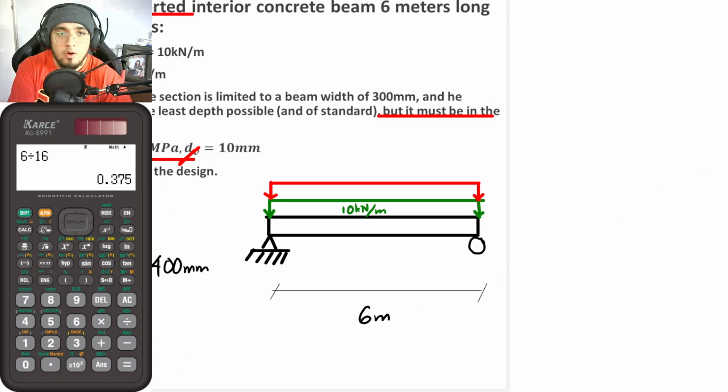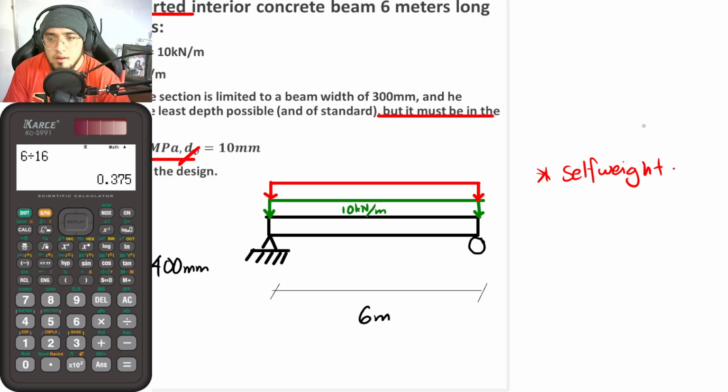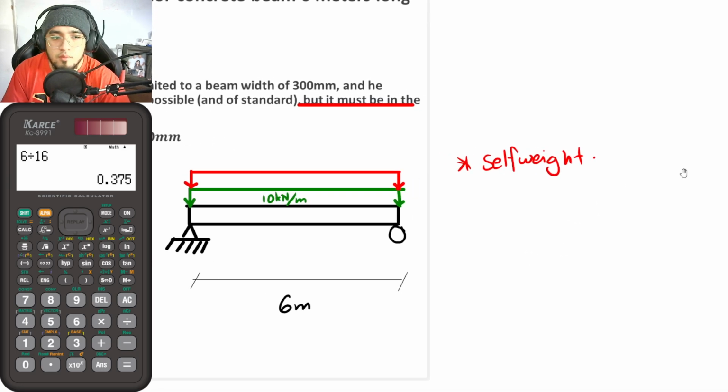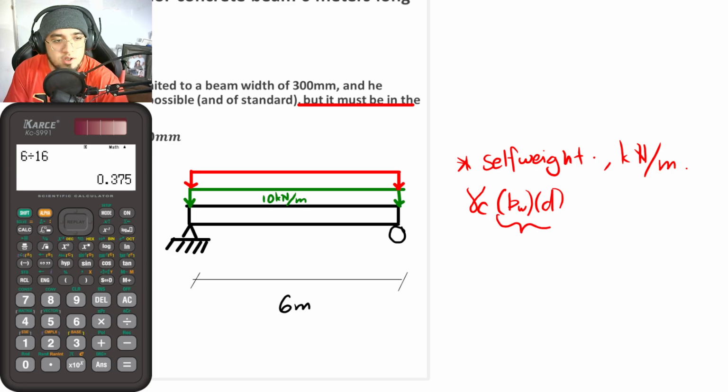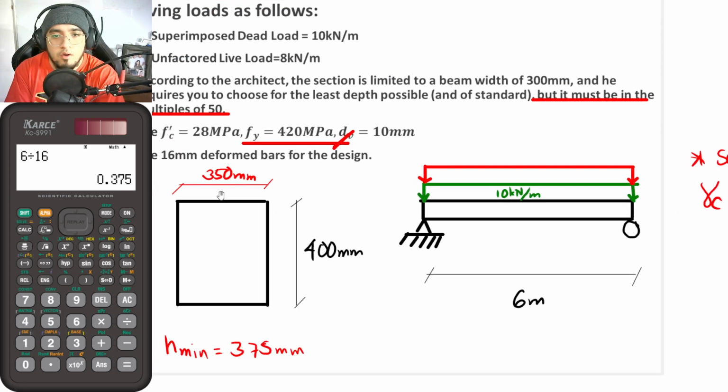For our computation of self-weight, if we want our self-weight to be in terms of kilonewtons per meter, we must just multiply the unit weight of concrete times the cross-sectional area, and that is B sub W times D, since this is the cross-sectional area of our concrete.